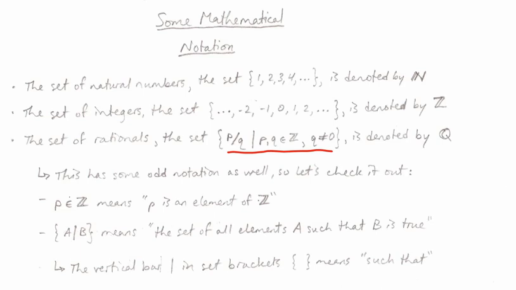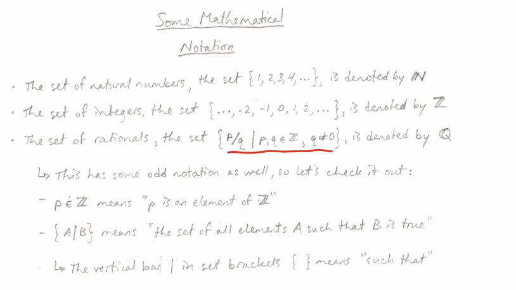Now, this set of rational numbers contains some notation that you may or may not have seen, so I just want to go a little bit into the various types of notation that you're seeing here. You see that you have a P, and then you have something that looks like a weird E followed by that capital Z. That weird looking E-like thing is used in this context to say "is an element of."